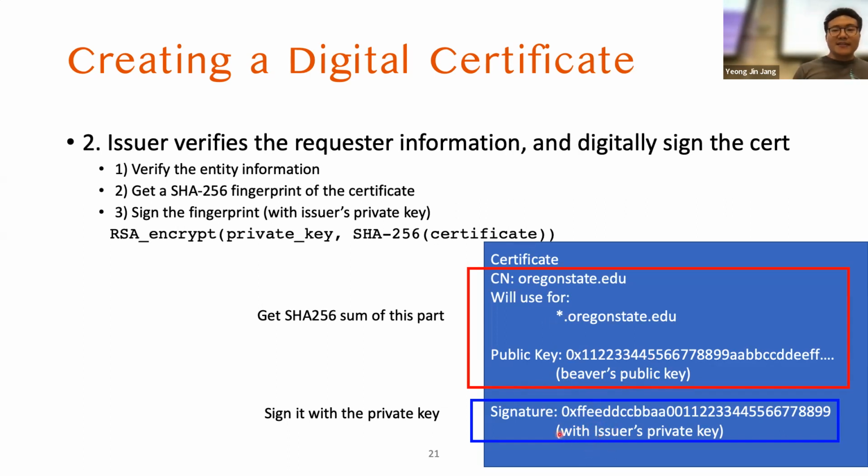Then we first verify the signature to see that the entire request is not modified at all. After verifying the signature, maybe the issuing company can make a phone call or send some people to check that Oregon State University has indeed requested the certificate creation. This looks quite archaic, but actually we are doing that.